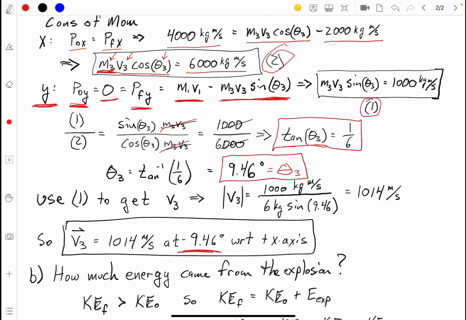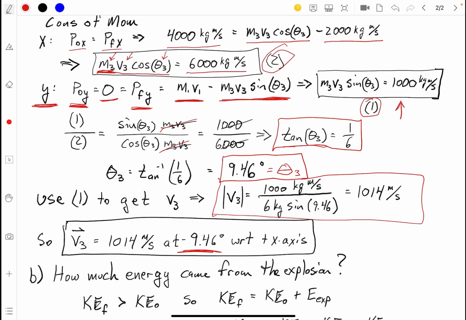Now, what are we going to do to get our velocity? Well, the simplest thing would be this equation number 1 here. And we just solve that equation number 1 to get our V3. And that's not hard. V3 is equal to 1,014 meters per second. Now, 1,014 meters per second, that's fine.